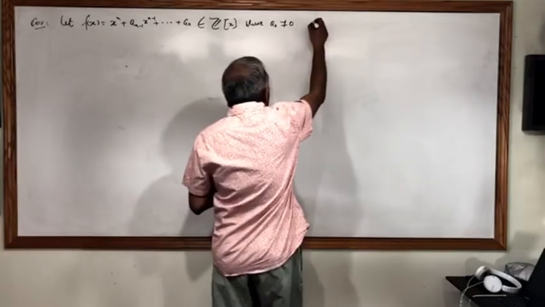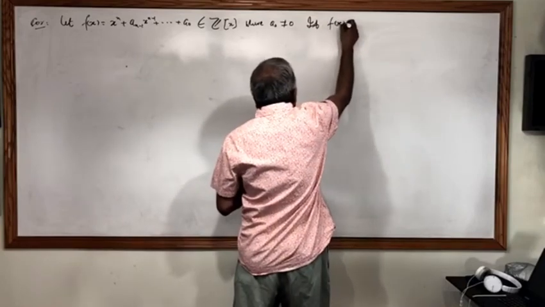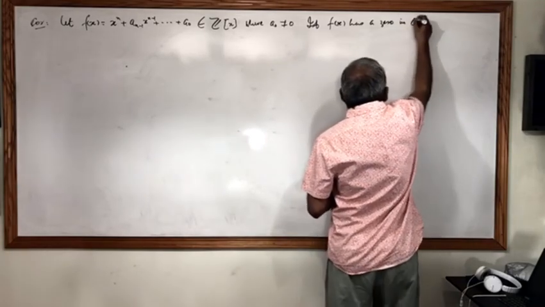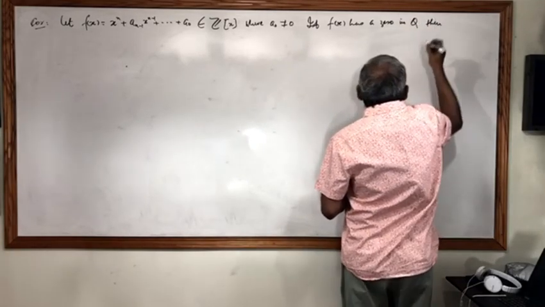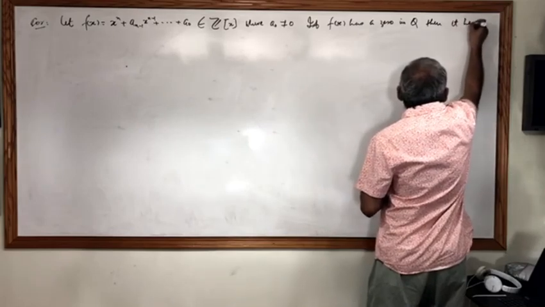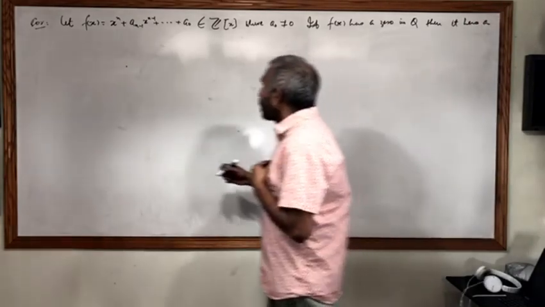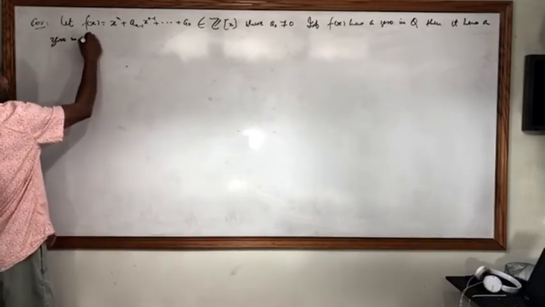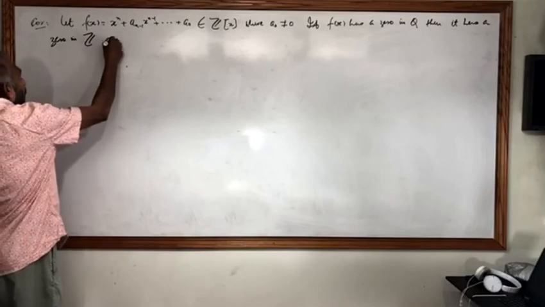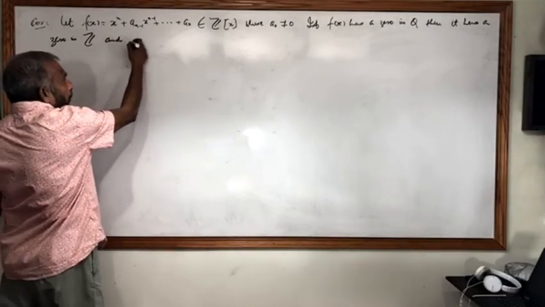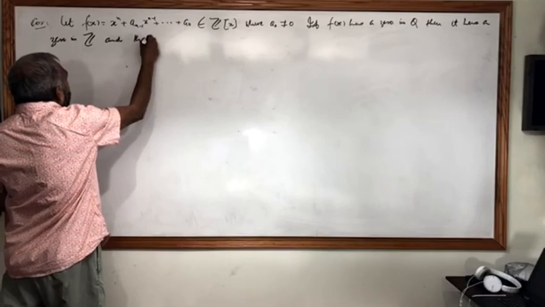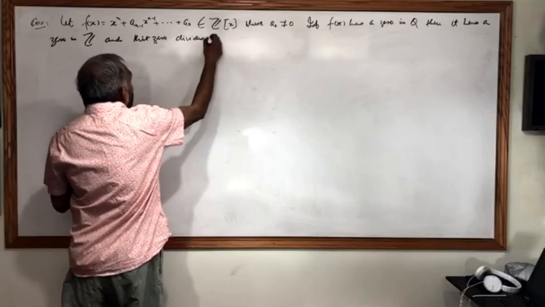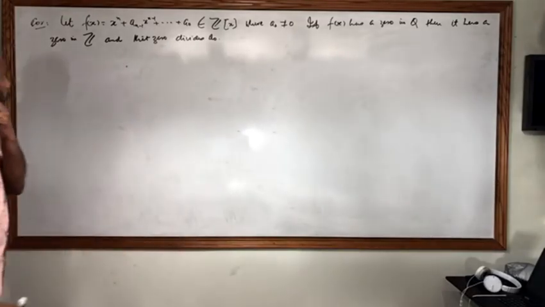Then if f of x has a zero in Q, then it has a zero in Z, and that zero divides a0.